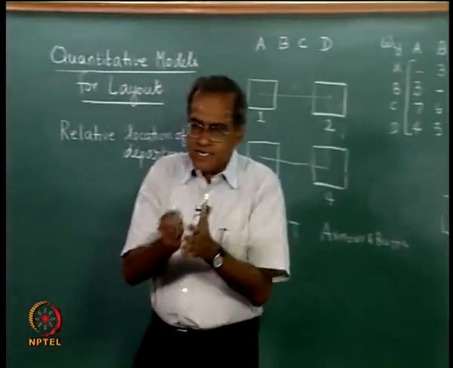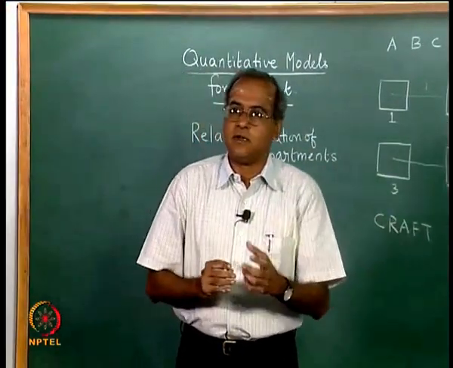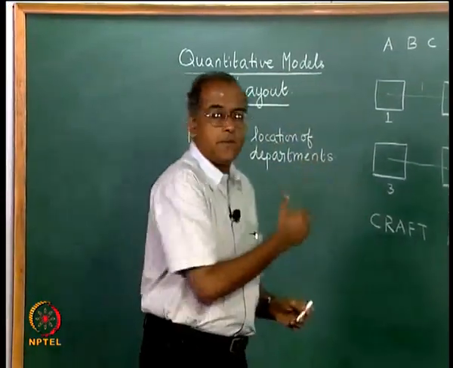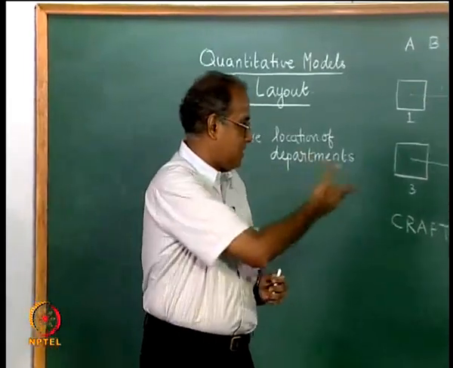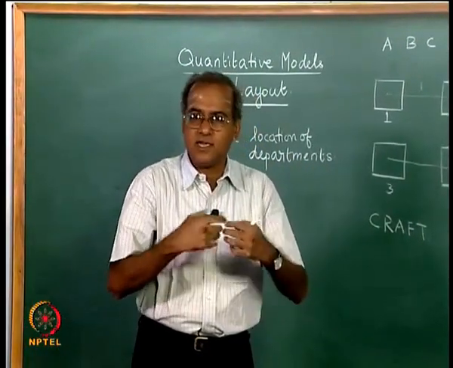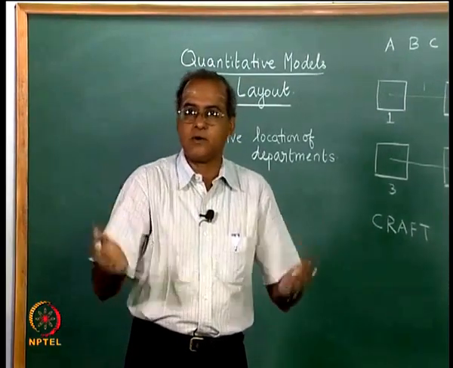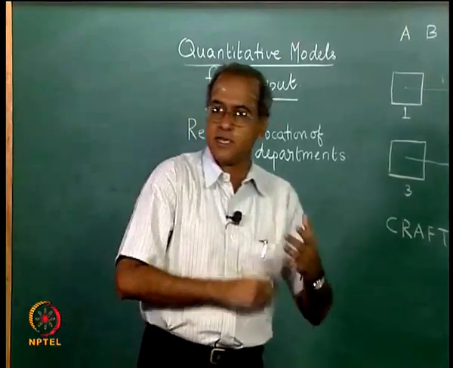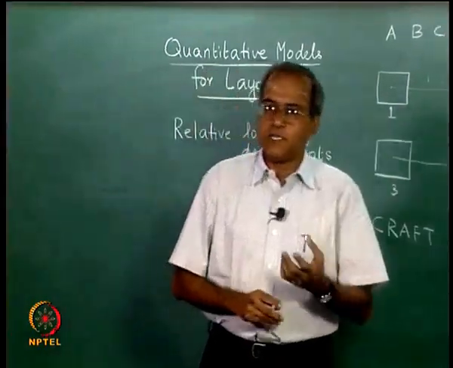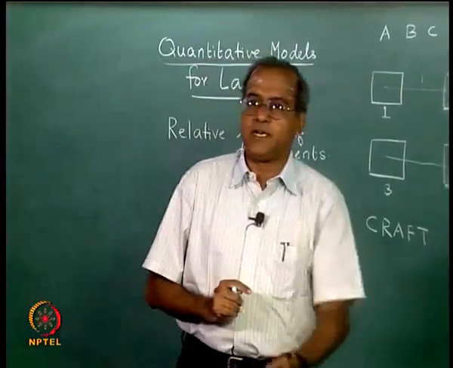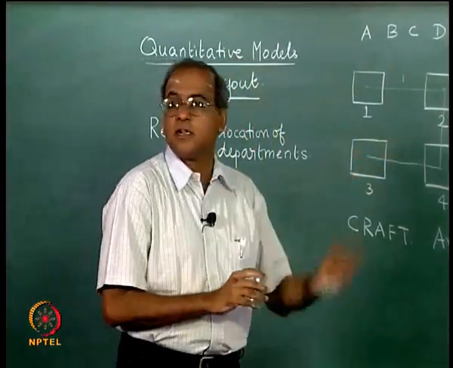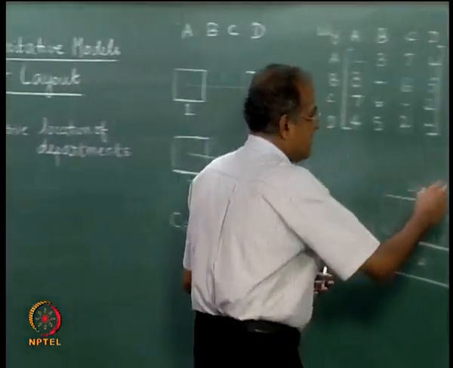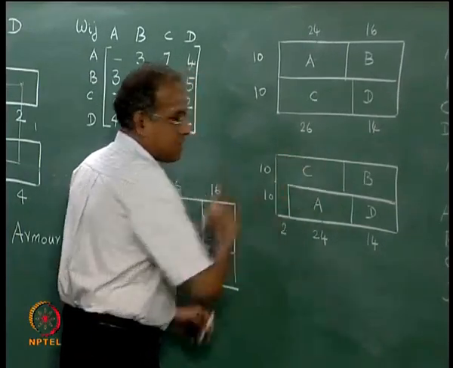Now, CRAFT is a very significant contribution to the literature in operations management and layout, because CRAFT also had a computer program written in the early 60s, which could actually generate and one could print a layout using the computer program for CRAFT. For this reason, CRAFT became an extremely popular algorithm, even though CRAFT has certain simple limitations, like the fact that it is not an optimal algorithm, it is essentially a heuristic algorithm, and sometimes it could give us some kind of complicated shapes like this.